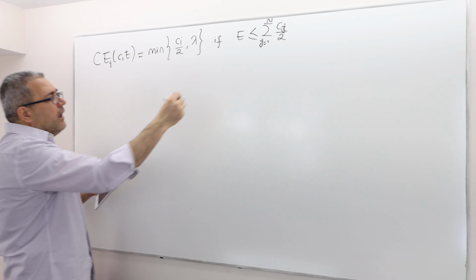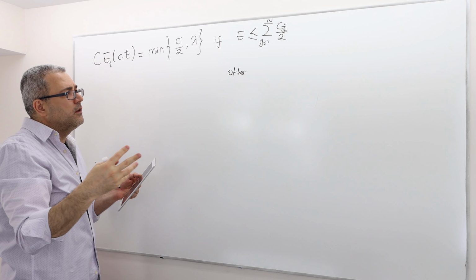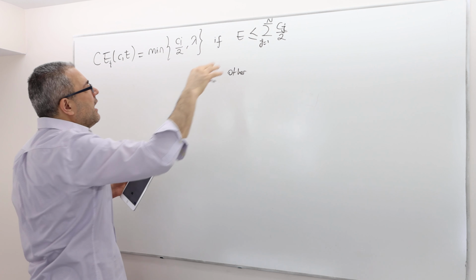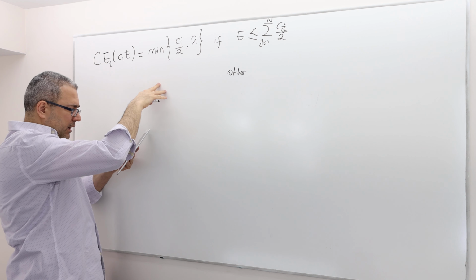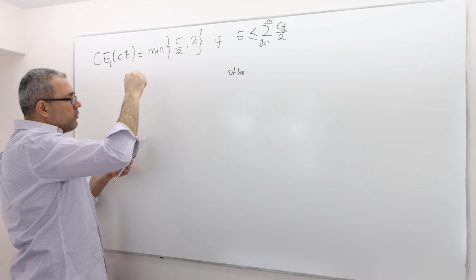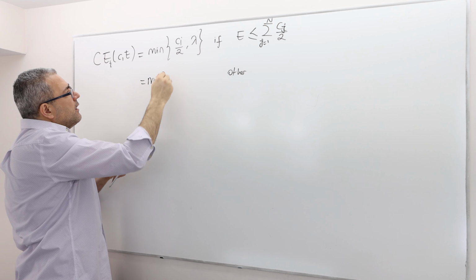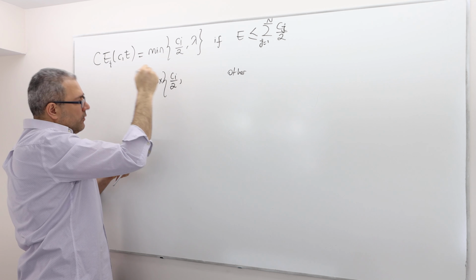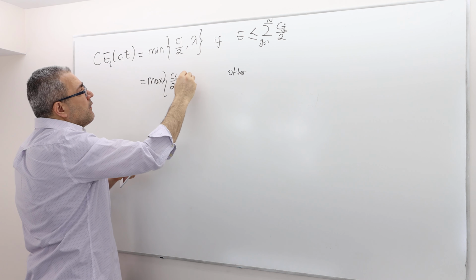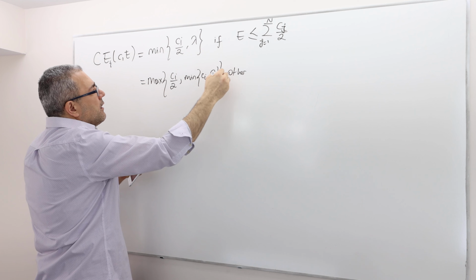And then otherwise, if E is not that small, if it is bigger than the sum of the halves, well then it gets ugly. The constrained egalitarian awards rule is going to give me the max of c_i divided by 2, comma, min of c_i, lambda.